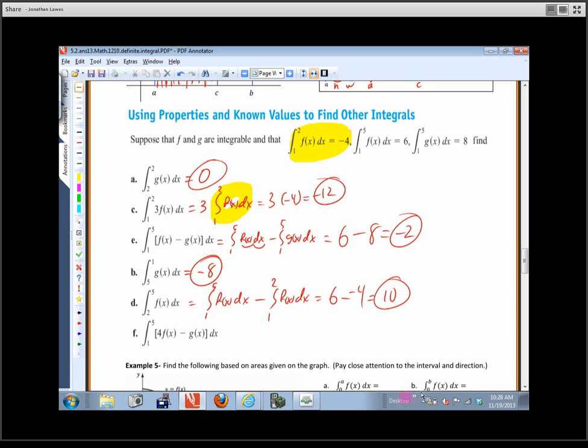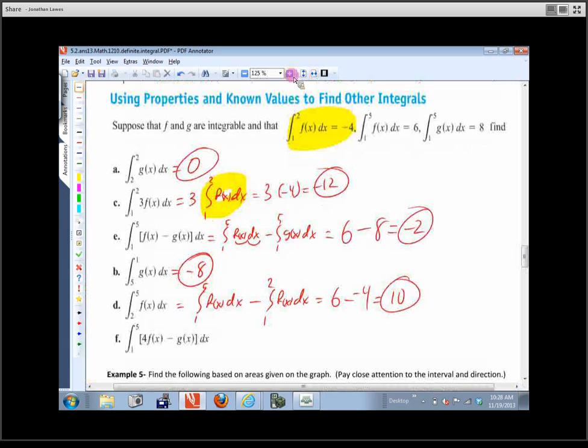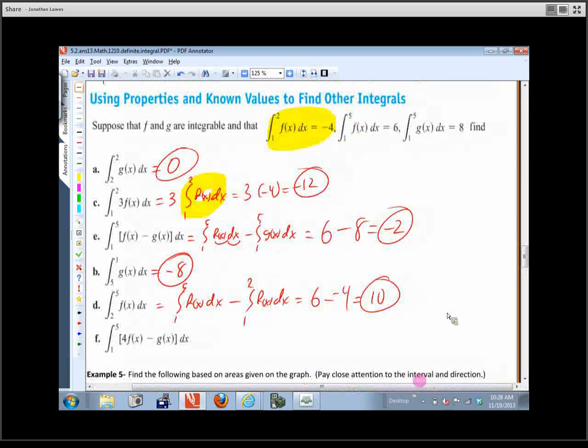Now, just for the heck of it, let me show you how we could interpret this geometrically. So here's G. Oh, I'm sorry, this is F. We know that the integral from 1 to 2 is -4. So let's say I start at 1 and I go to 2, and I end up with a -4 there. Here's what I know. By the time I'm done and I get to 5, so start at 1 and go to 5, I end up with 6.